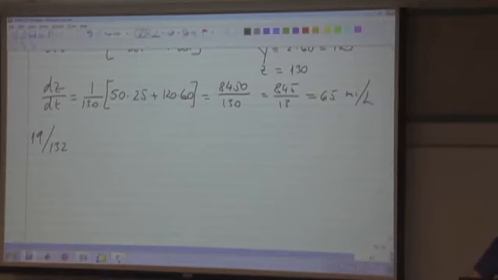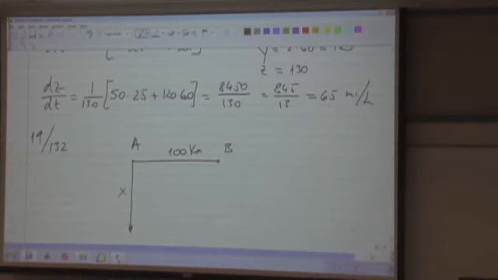So, let's read the problem again and see what we're actually looking at. First things first, at noon, ship A is 100 kilometers west of ship B. So if this is A, then this is B, and this is 100 kilometers, right? Does that make sense? Okay, the next thing says ship A is sailing south at 35 kilometers per hour. It's going down.